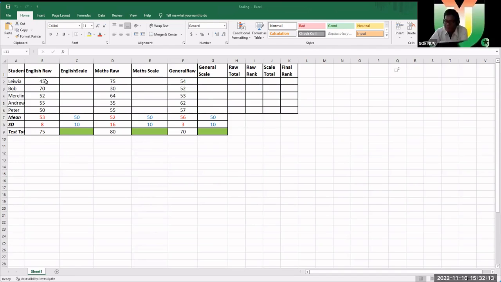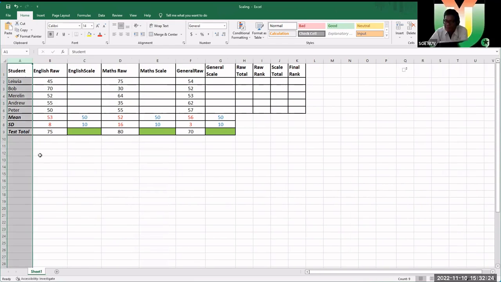Now you have all this performance for your children. This is an imaginary result, and you can see we have Marilyn, Andrew, and Peter, a very small class of five students.